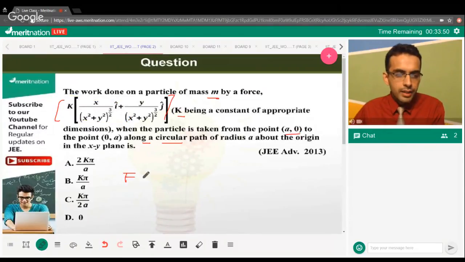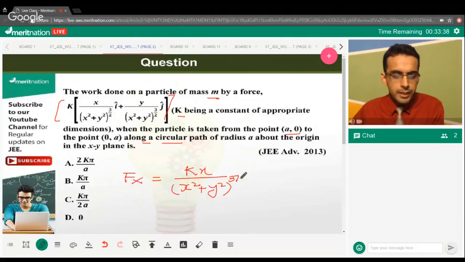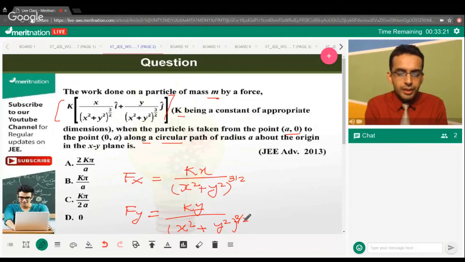Fx is equal to kx divided by (x square plus y square) raised to the power of 3 by 2, right? And fy is equal to ky divided by (x square plus y square) raised to the power of 3 by 2. So now students, this is the fx and fy that we have to substitute in the expression for integration.